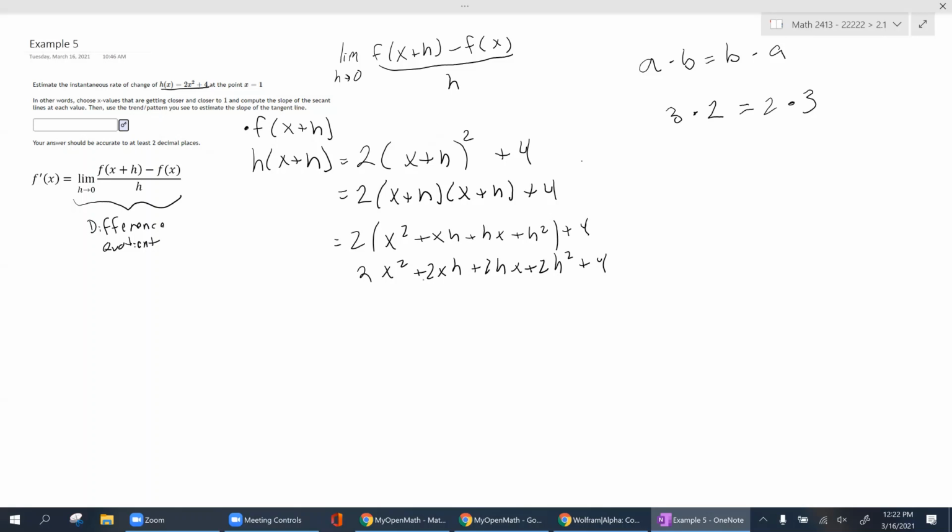So I can rewrite this as 2x squared plus 2xh plus 2xh plus 2h squared plus 4. How many of those xh's do I have now? I now have 4 of those. Whew. This is my f of x plus h.